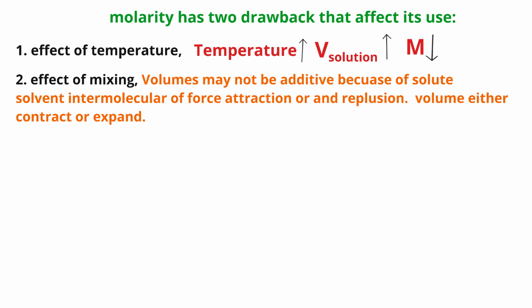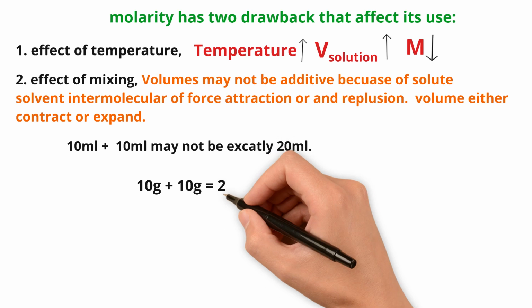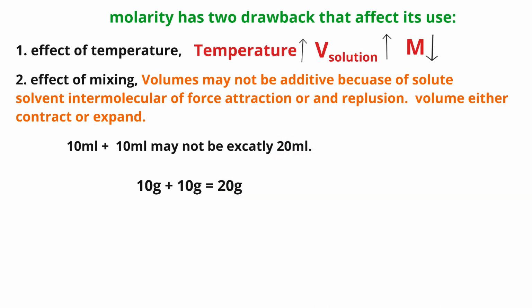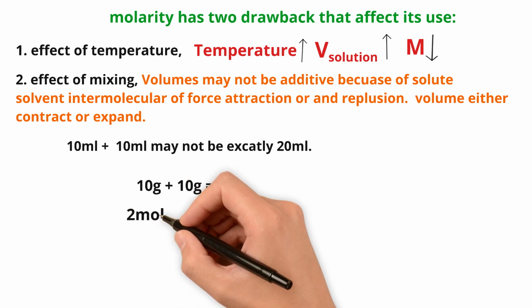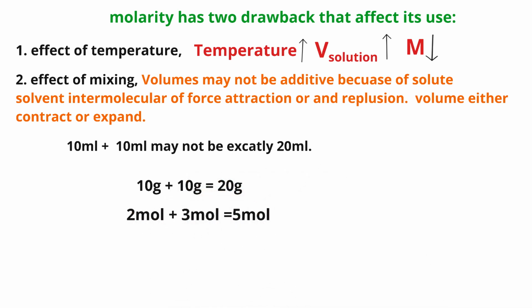When solute is mixed with solvent to form a solution, volume may contract or expand. 10 ml plus 10 ml may not be exactly 20 ml because of contraction and expansion, but 10 gram plus 10 gram is equal to 20 gram, and 2 mole plus 3 mole is equal to 5 mole. These two quantities are additive. Volume may not be additive.